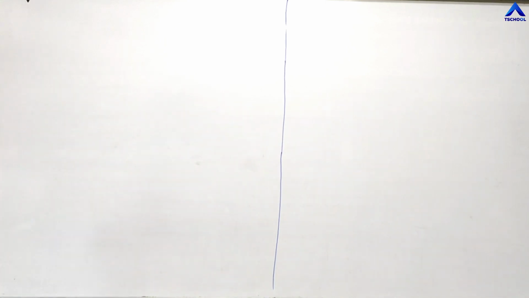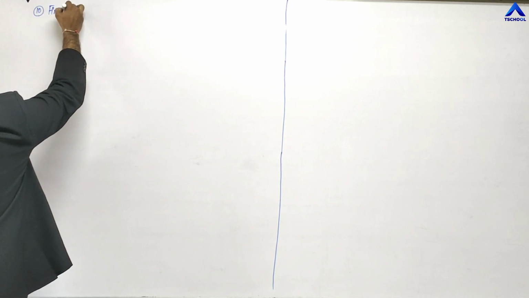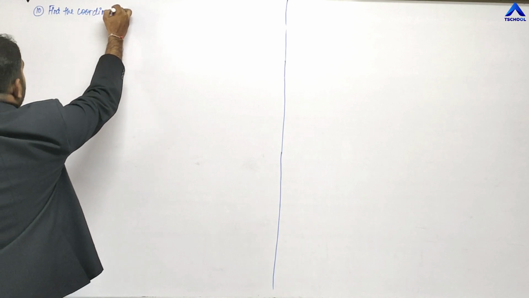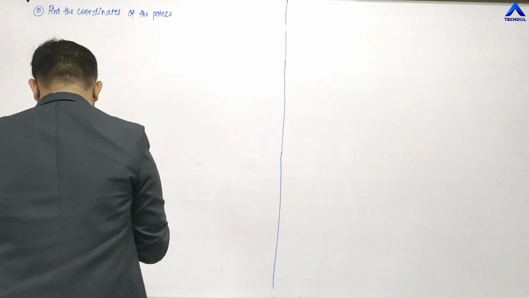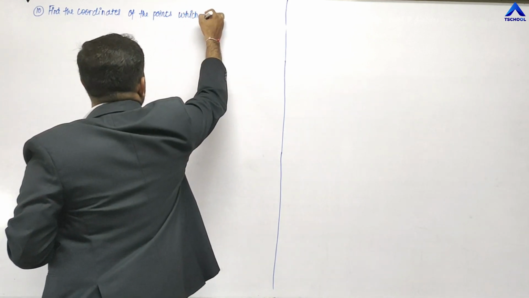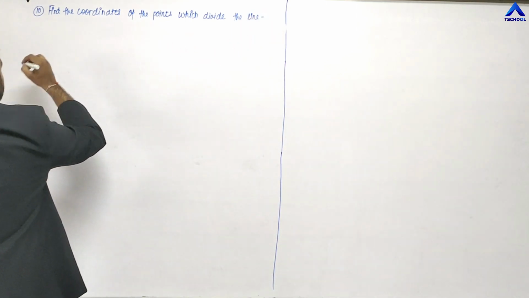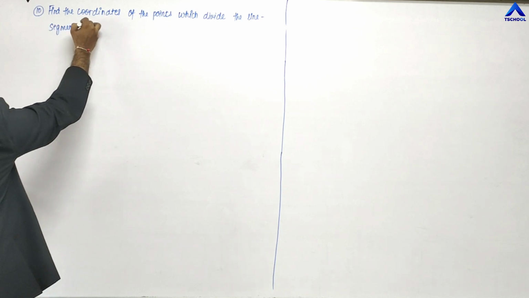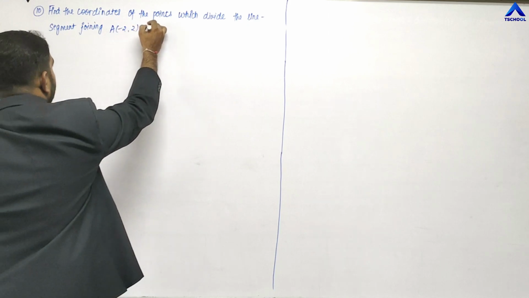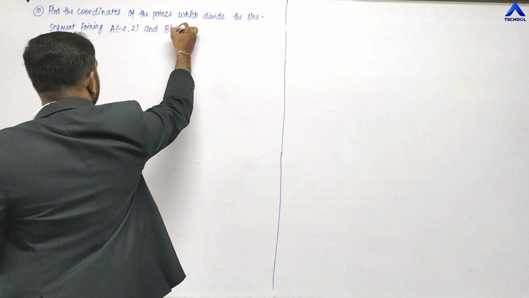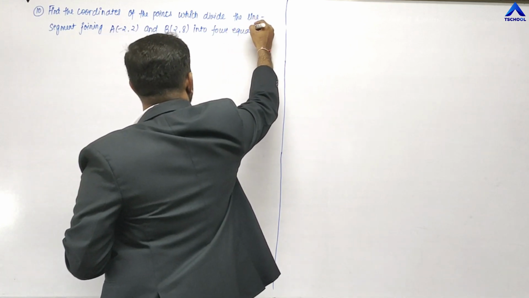Now I'm having a question, that is, find the coordinates of the points which divide the line segment joining A minus 2 2 and B 2,8 into 4 equal parts.